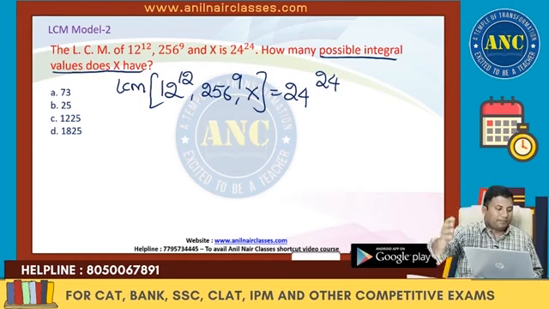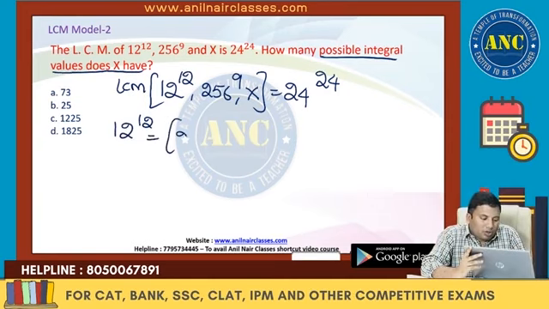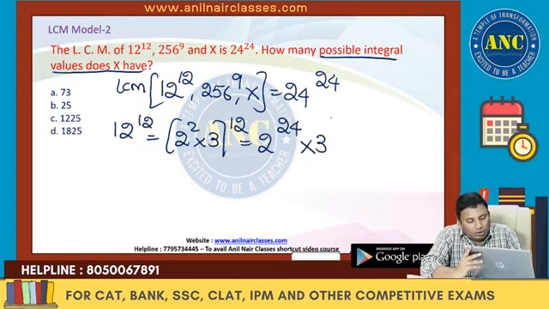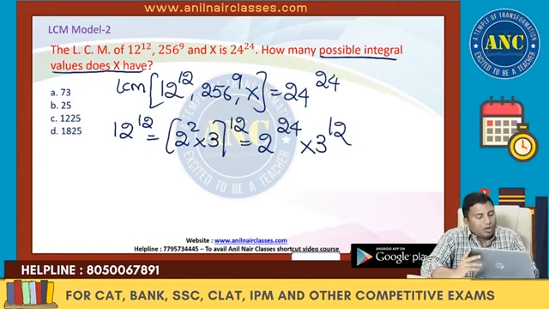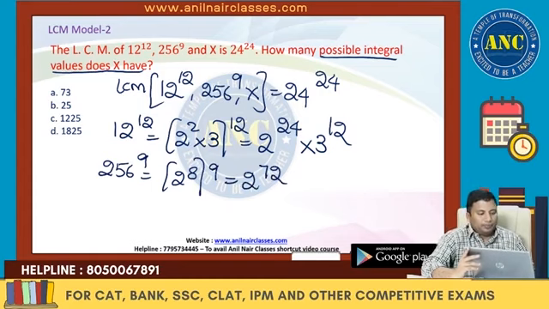Let us see, same step by step. 12 power 12 is 2 square into 3 power 12, which is 2 power 24 into 3 power 12. 256 power 9 is 2 power 8 power 9, which is 2 power 72. X I don't know.